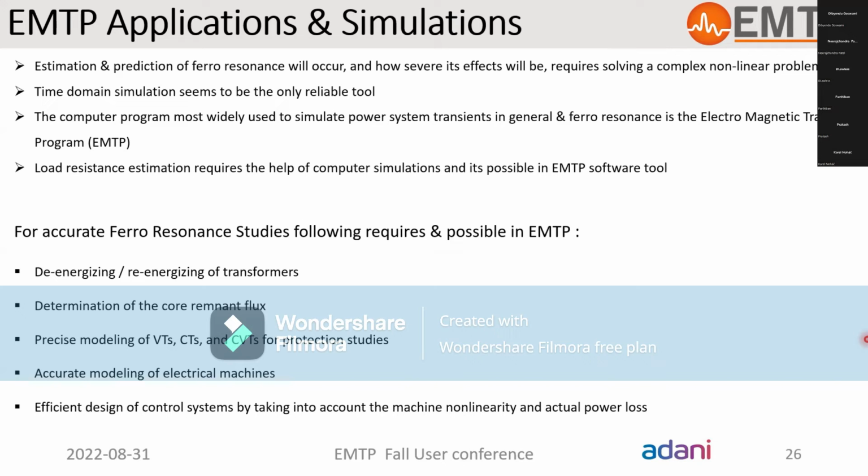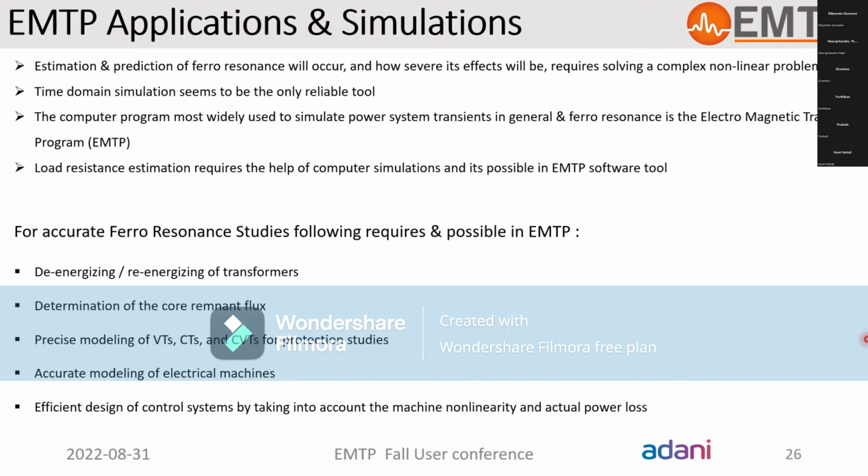Therefore, time domain simulations seem to be the reliable tool to solve this problem and to assess the effectiveness of the countermeasures. So the computer program most widely used to simulate power system transients in general and ferroresonance in particular can be the EMTP software for accurate studies on ferroresonance phenomena in power and instrument transformers.